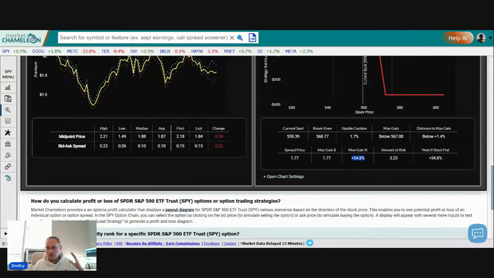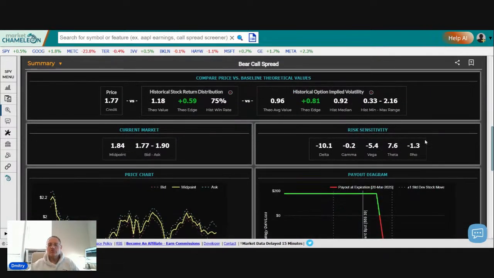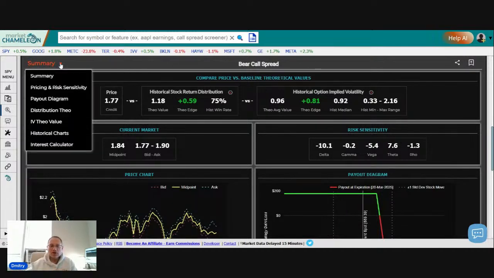So now, we have a good picture of this trade, and we could go in there and analyze it further.